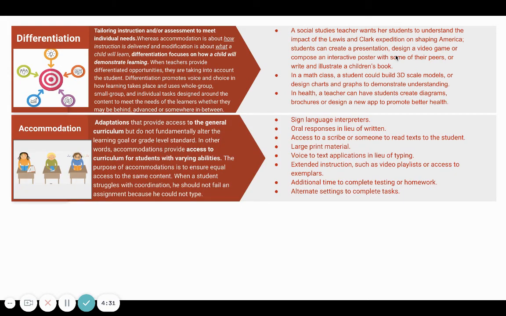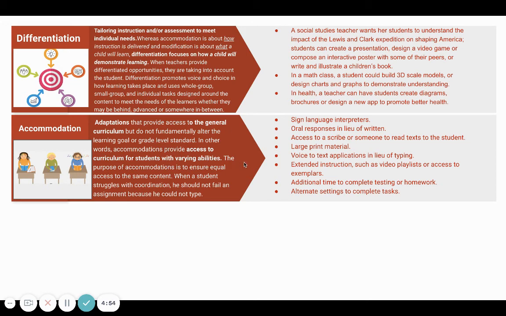Then she might also provide different opportunities for students to demonstrate understanding in varied ways. Now, if we're talking about a student who is covered with an IEP or a 504, then we're going to start using the terminology accommodation. We might be providing very specific changes that don't fundamentally alter what they're working towards, but it does provide them access to the curriculum because they need this as well as it's documented that we need to provide this.